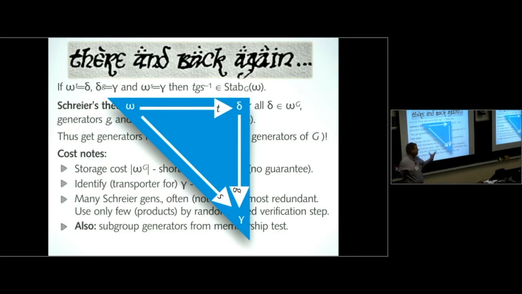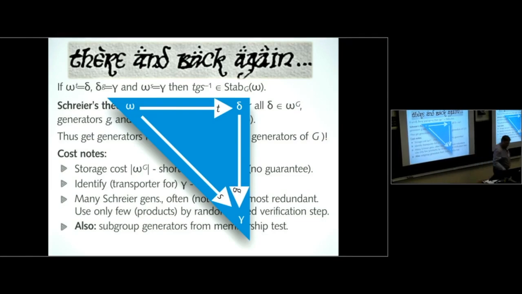Gamma is something which we had already, because we had gotten it under some other transporter element s. Well, because the group has inverses, that's really where the inverses come in. This is where group theory starts diverging from semigroup theory. We can go this way, we can go back through s inverse, and we are back at omega. That means t g s inverse maps omega to omega. That is an element of the stabilizer.